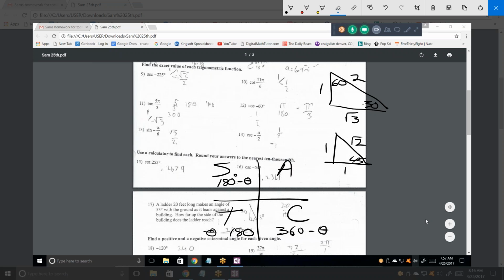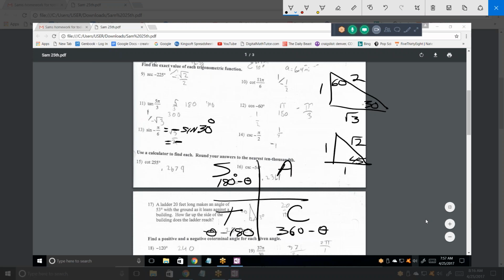All right, so let's look at 13. So based on what I just said, 13 is equal to negative sine of pi over 6, which is 30 degrees. This is the easy way to do it. What's sine of 30 degrees?